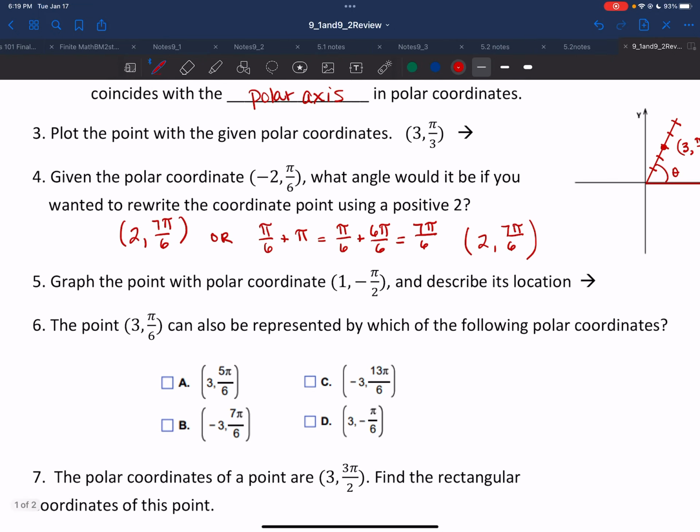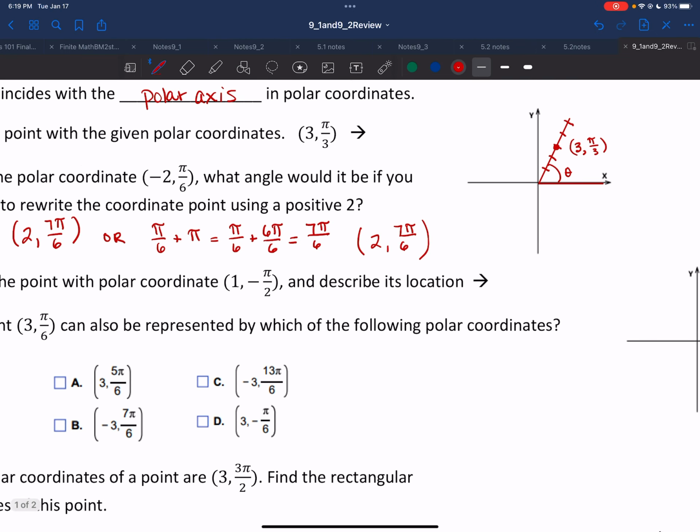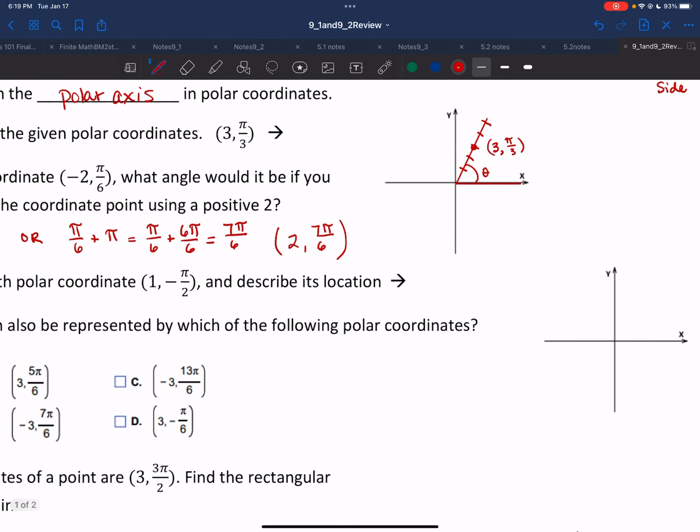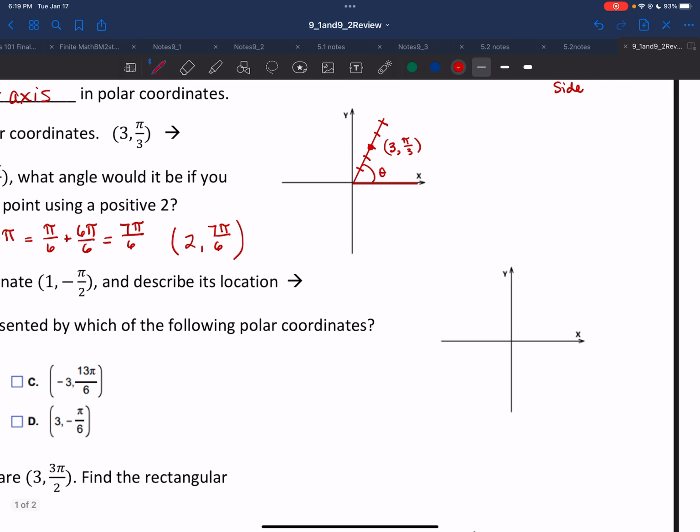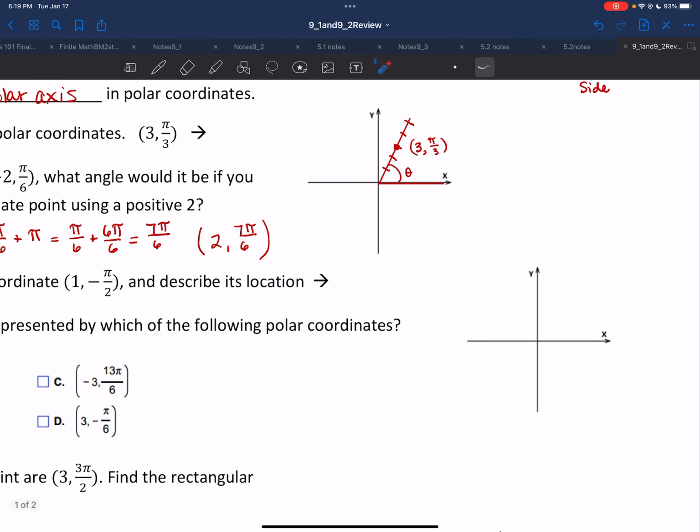All right, graph the point with polar coordinates (1, -π/2) and describe its location. I know that when I graph something, in order to go positive in my angle, it has to go counterclockwise. If I want to go the negative direction, I'm going to go clockwise. So when I have a negative π/2, I know that π/2 is this axis right here, but that's if it's positive.